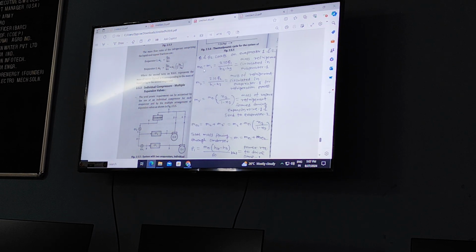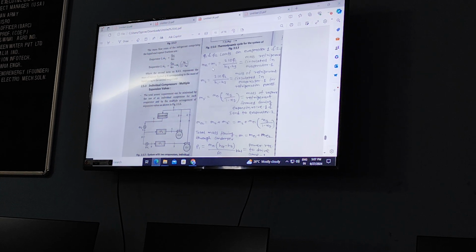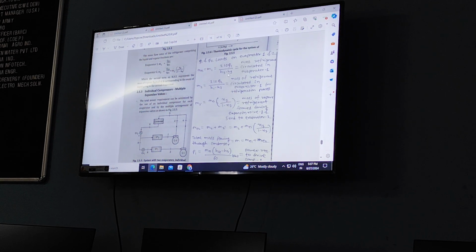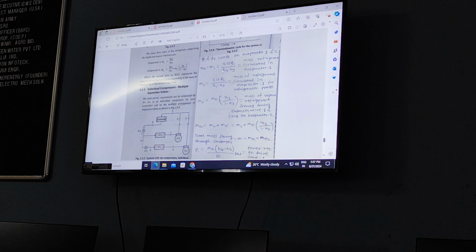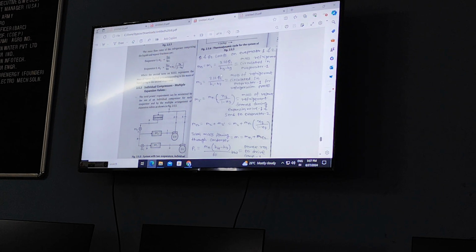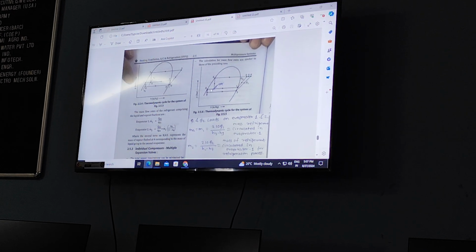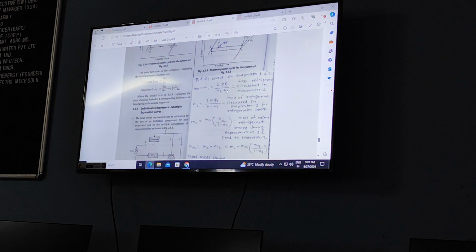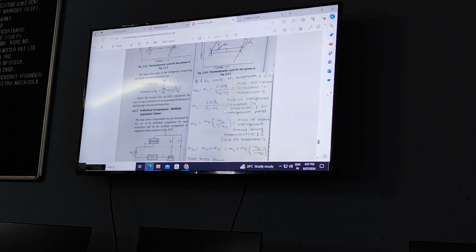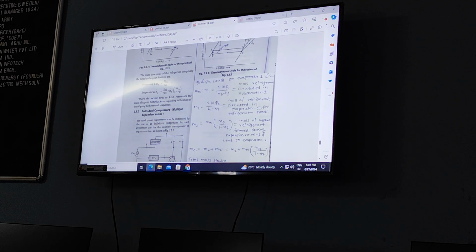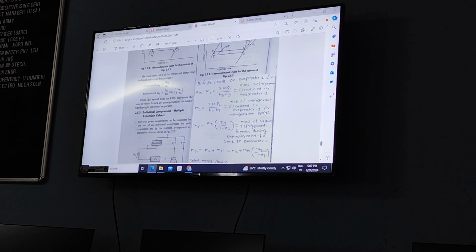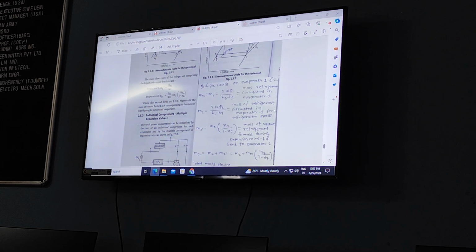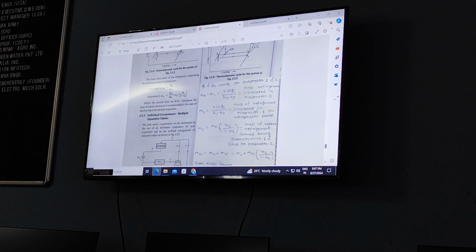ME1, what is ME1? Mass of refrigerant circulated in evaporator 1, that is equal to M1. Formula is 210 Q1 divided by H3 minus H9. Look at this, H3 minus H9.